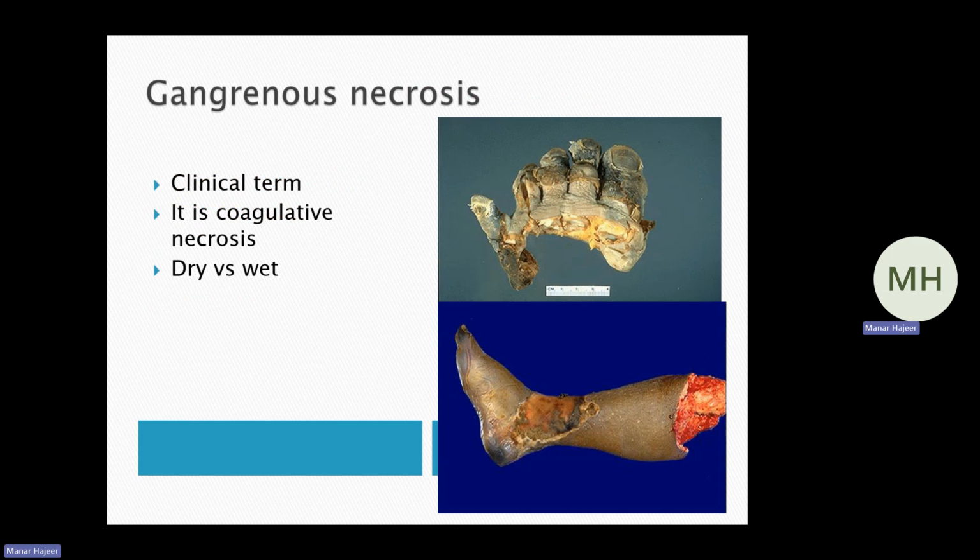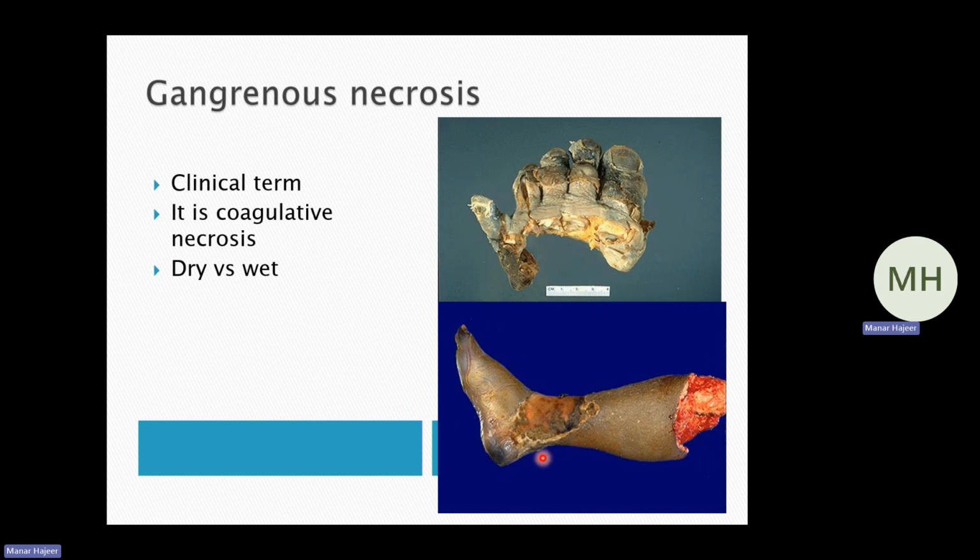The gangrenous necrosis, or what we call gangrene, is a clinical term. It is basically a coagulative type of necrosis, but it occurs on multiple tissue levels. Yani, as you can see here, it's an amputation of the distal part of the foot, in which there is a blackish discoloration of the skin due to ischemic necrosis of the skin, underlying subcutaneous tissue and underlying muscles and underlying bone.